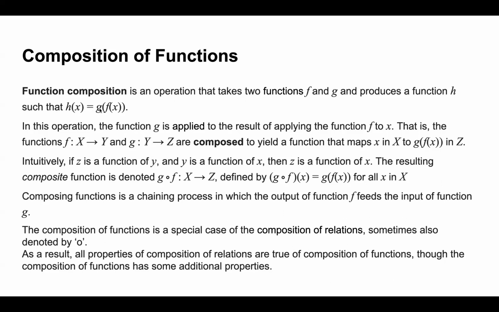In this operation the function g is applied to the result of applying the function f to x. What we are doing: g of x is a function, and instead of that x we are putting f of x. So g of f of x is the function composition of g and f.